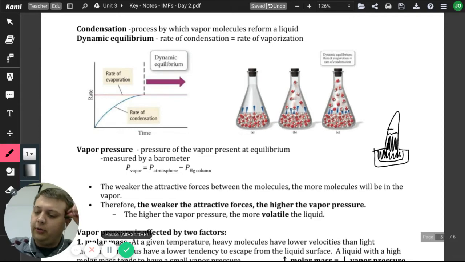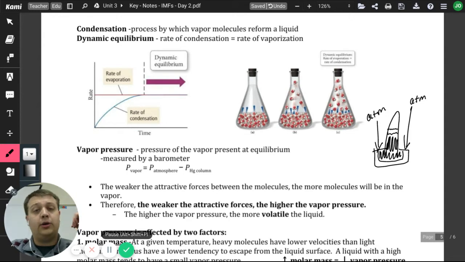And then on top of this, we're going to have whatever liquid we're looking at, right? Whatever vapor we're trying to observe. And then the atmospheric pressure is actually going to be pushing down on the mercury that's sitting here. Now, when the pressure gets higher, what we're going to see is that the levels inside of this are actually going to increase. So the levels in here will actually start to rise.